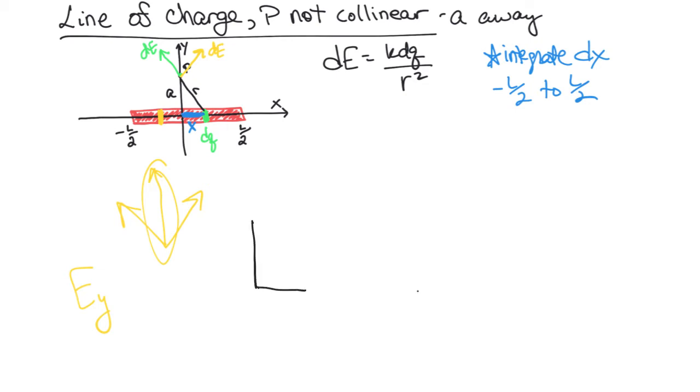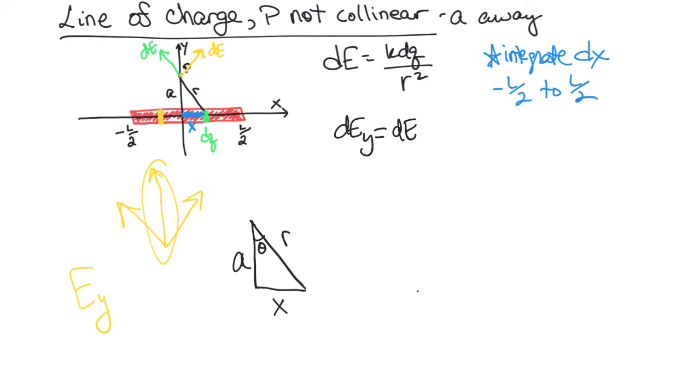So here's r, here's a, here's x. And my E sub y: dE_y is dE times cosine theta. Where do we want to define our theta? How about there?